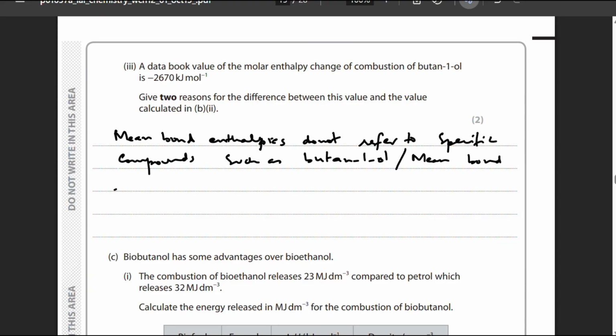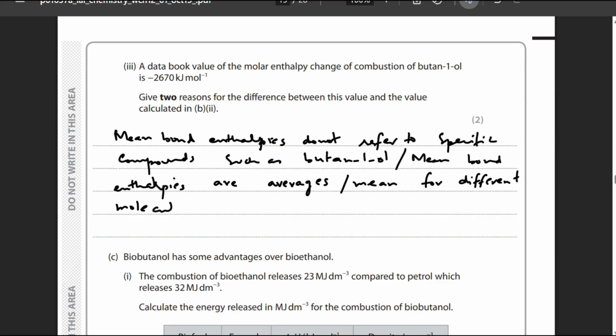Mean bond enthalpies are averages, mean for different molecules, bonds in different environments.